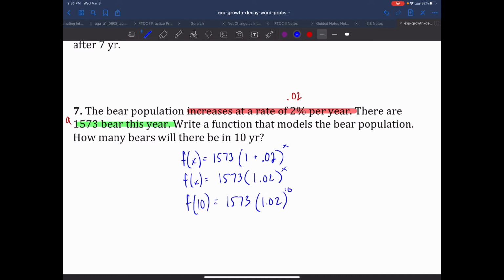Okay, so then we have 1.02 raised to the 10th power. And then that's times 1573. So this is approximately, because we can't have partial bears, 1,917. So 1,917 bears after 10 years.